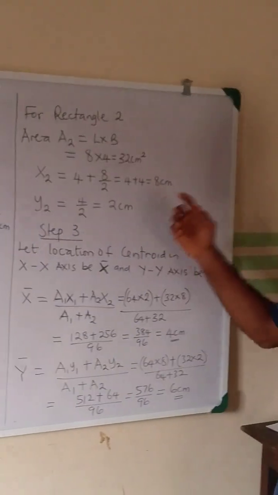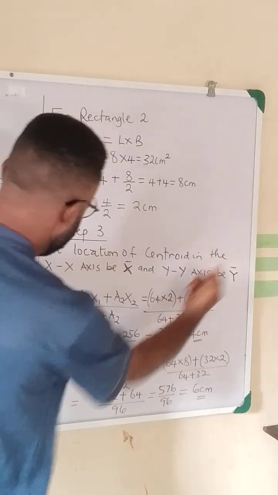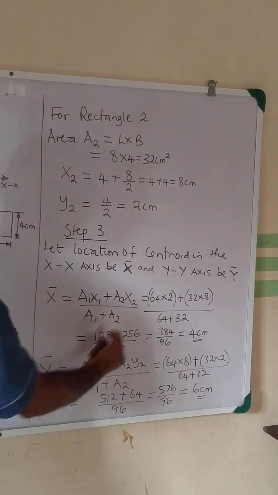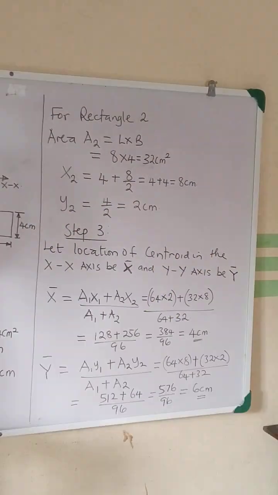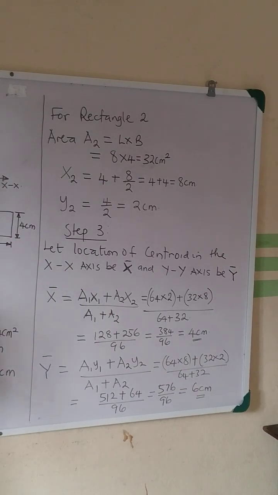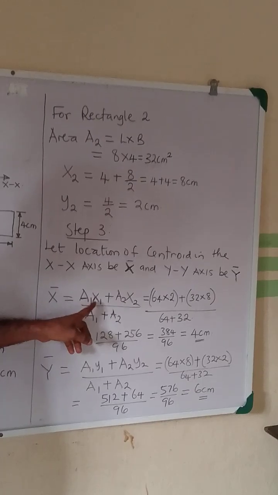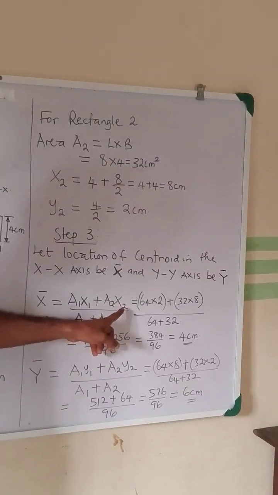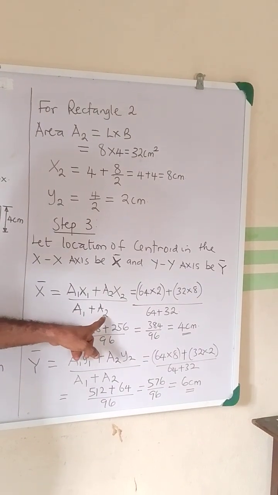And then for our step 3, we say that let the location of the centroid in the x axis be x bar, and in the y axis be y bar. So this is the formula for calculating centroid in the x axis. So we have the area a1 times x1, we've calculated x1, plus a2 times x2 divided by the area 1 plus area 2.